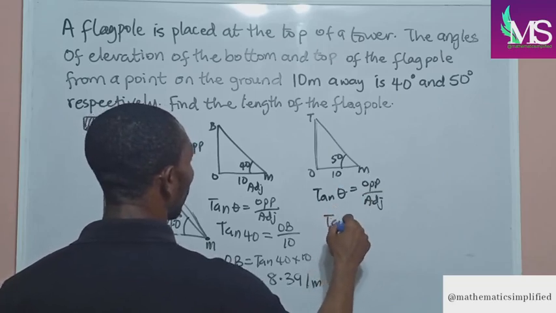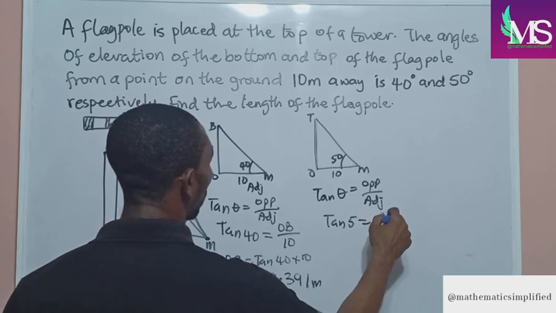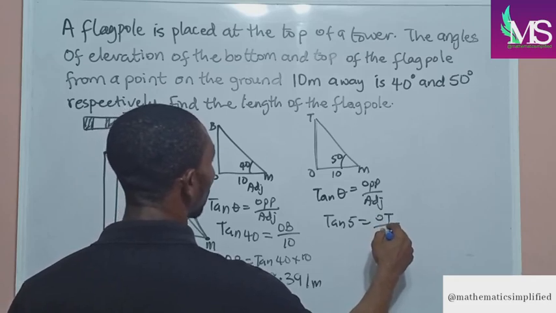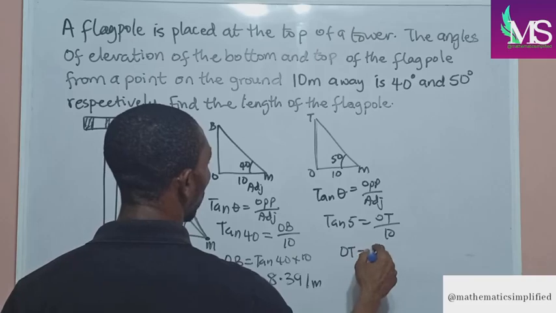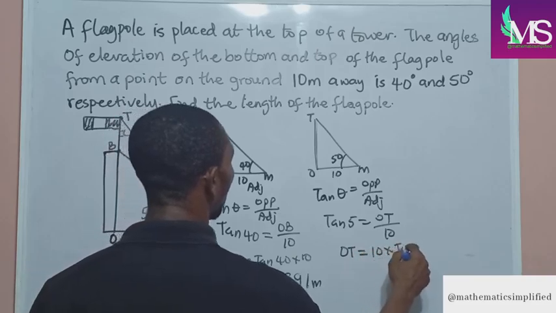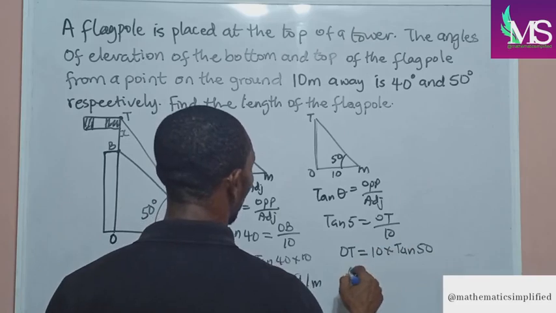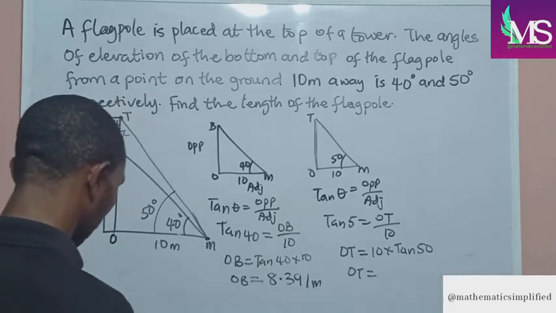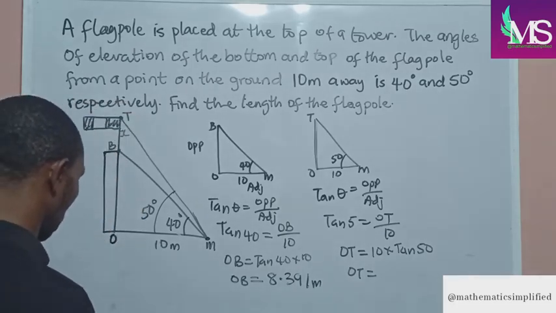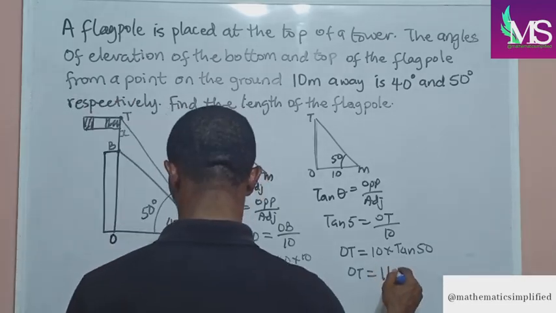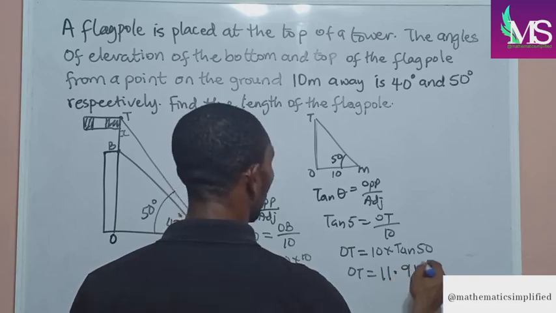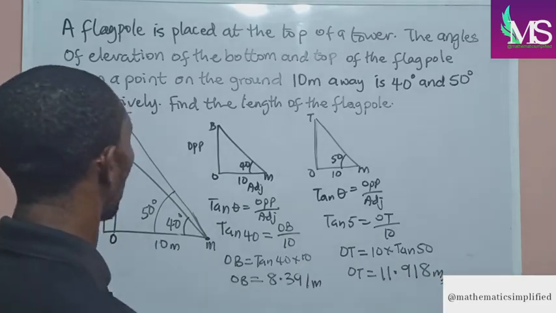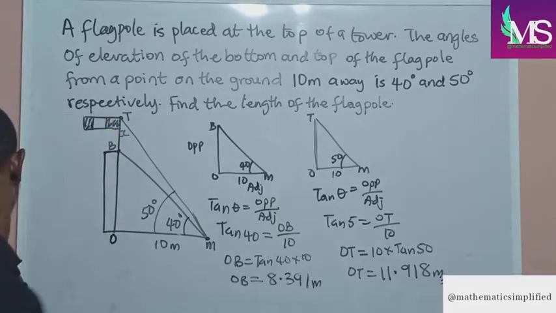So tan 50 equals OT over 10. So OT equals 10 times tan 50, which gives us 11.918 meters.